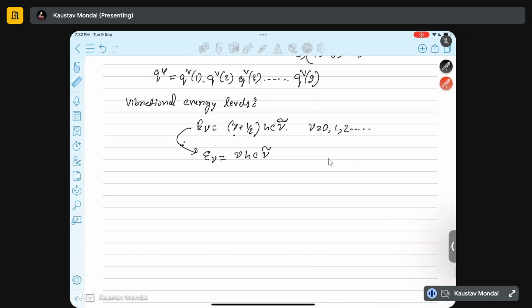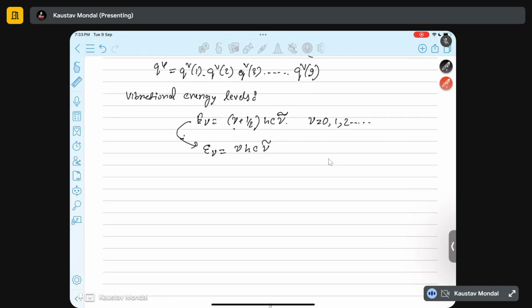Now, with the vibrational energy levels in hand, we can easily write Q_v. Q_v is simply the summation over nu of e to the power minus beta nu h c nu tilde.